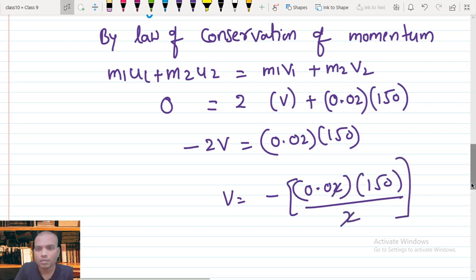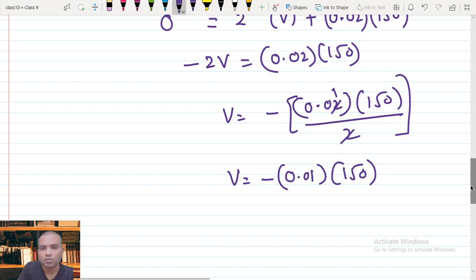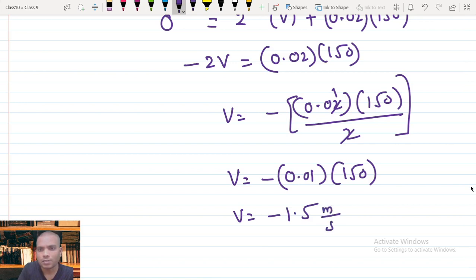Now you can cut this, so 0.01 times 150. If we multiply that, velocity v equals minus 1.5 meters per second.